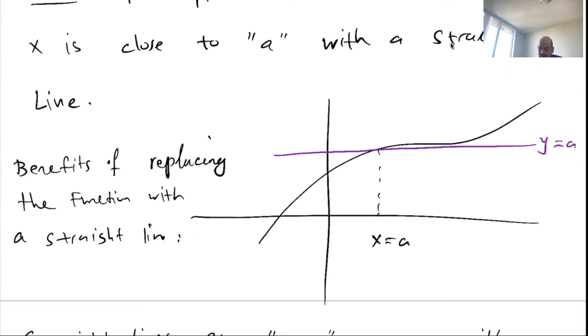Look at this. If x is close to a, for example here, f of x will be close to f of a. So y equals f of a, I meant, sorry. y equals f of a.